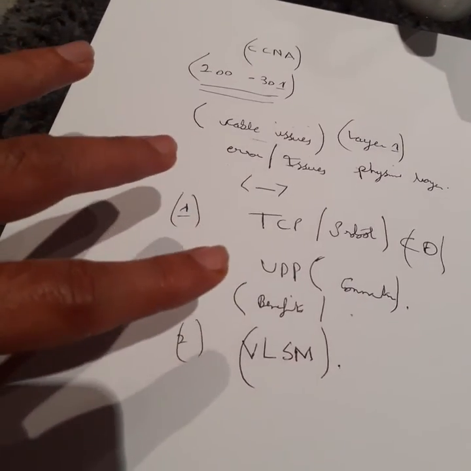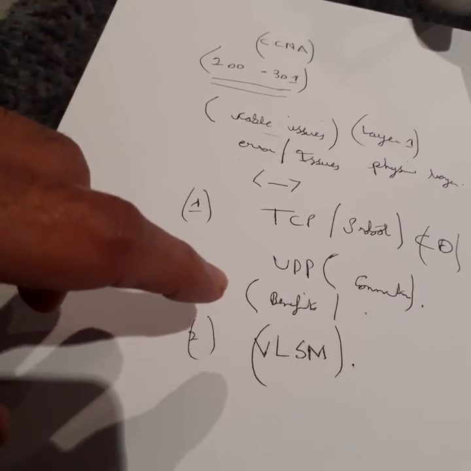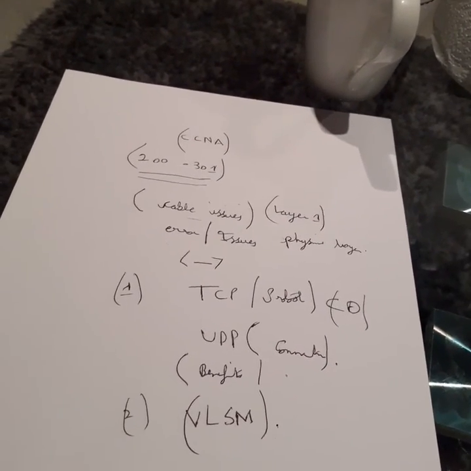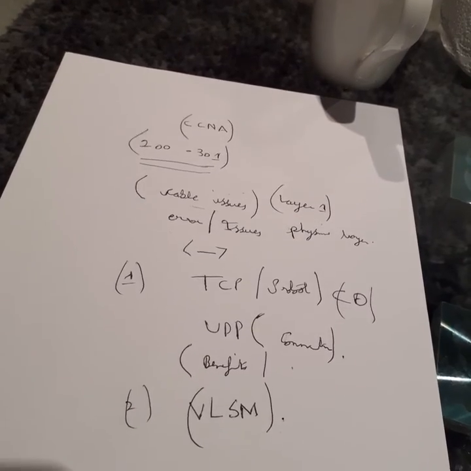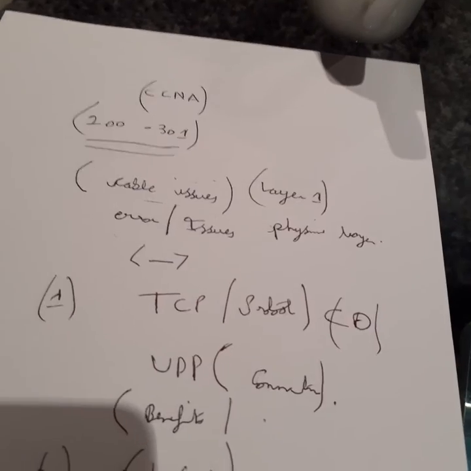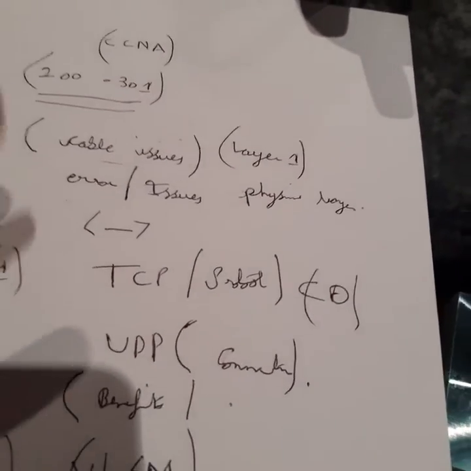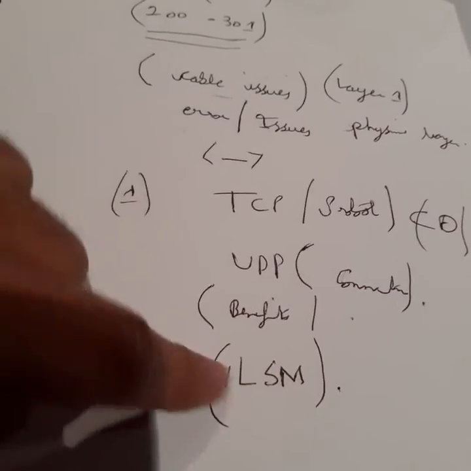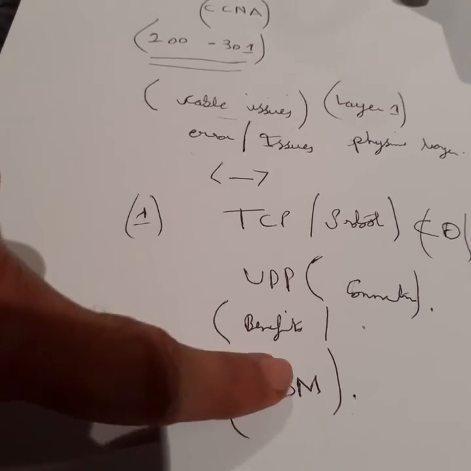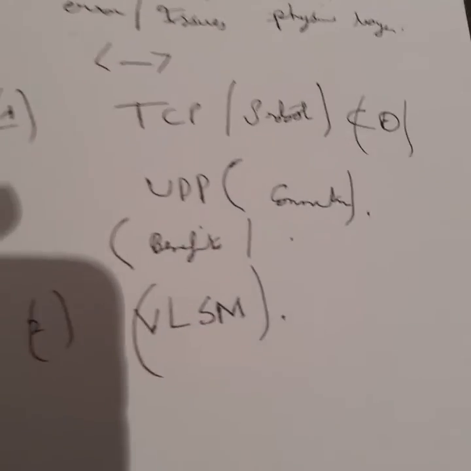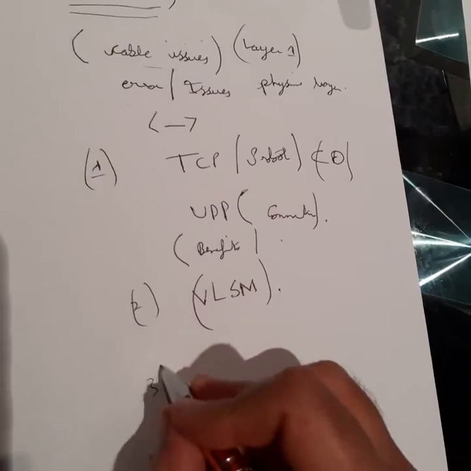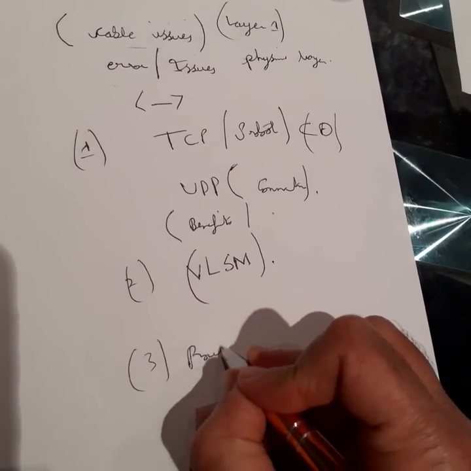And then networks with classful, classless, and networks with different subnet masks. Where we are going to use different subnet masks probably falls in this category, VLSM, variable length subnet masking. And then we have route summarization.